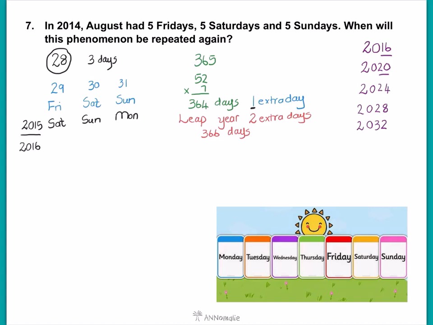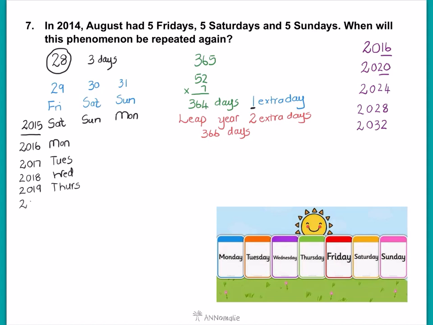So the 29th of August won't be a Sunday, it will be a Monday. Skip Sunday. So we can continue like this. 2017 will be a Tuesday, the 29th. 2018, still not a leap year, we'll skip 1 day, a Wednesday. 2019 will be a Thursday on the 29th.